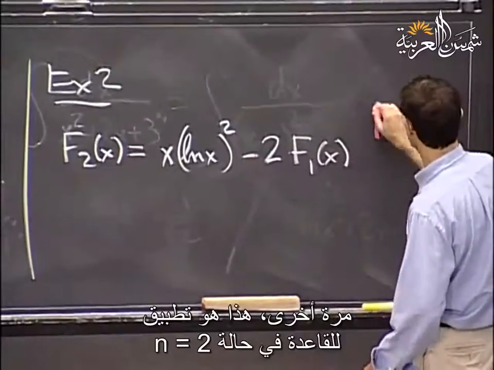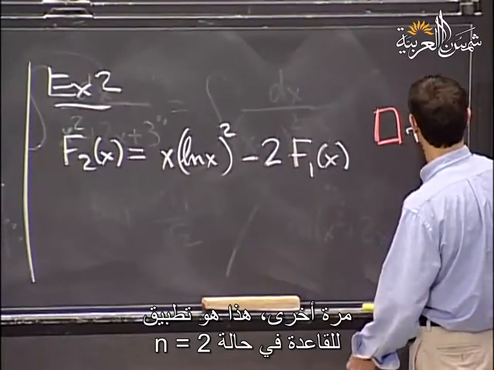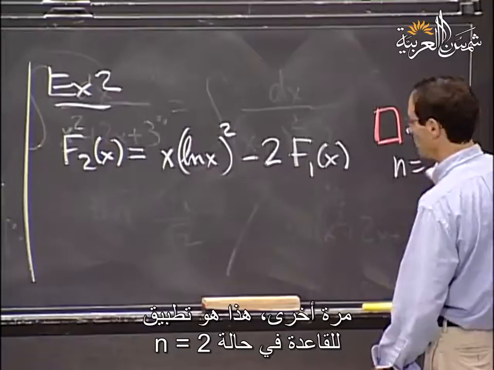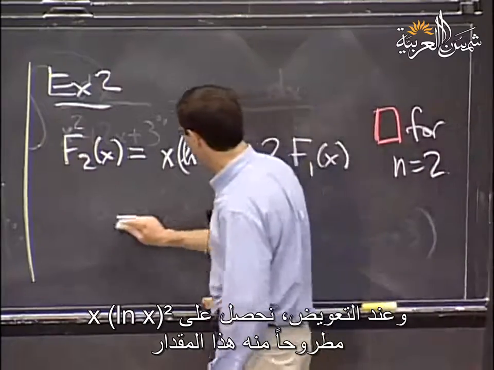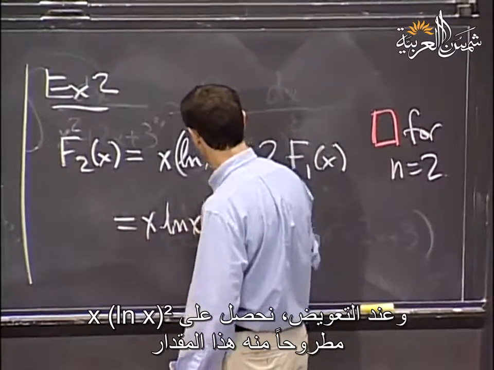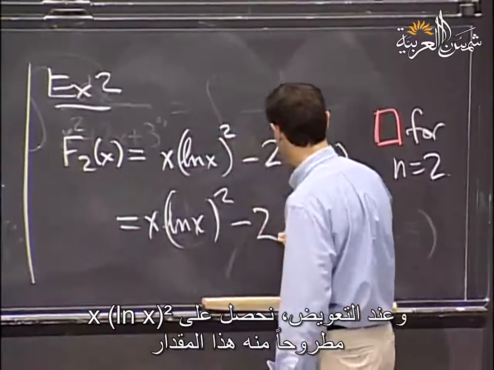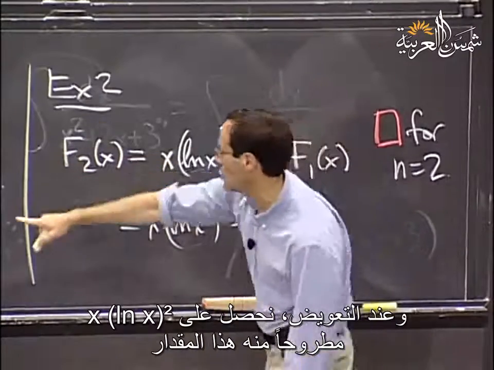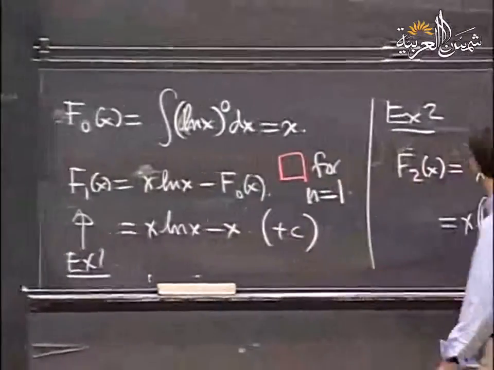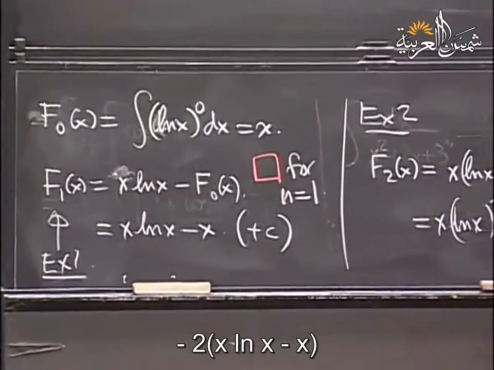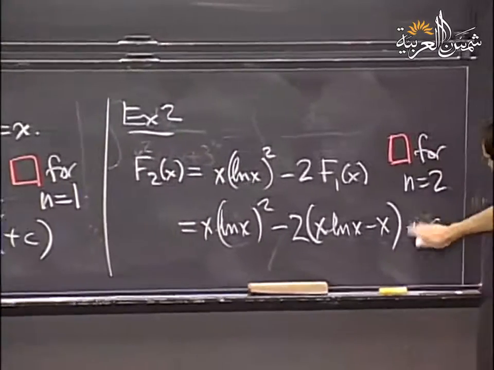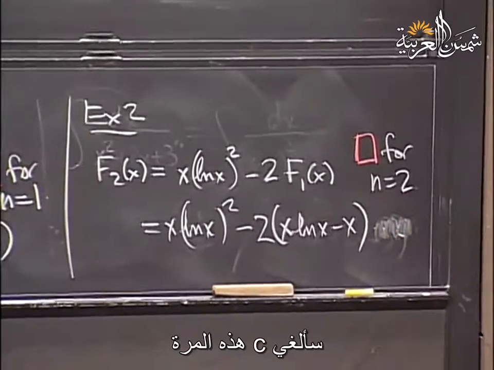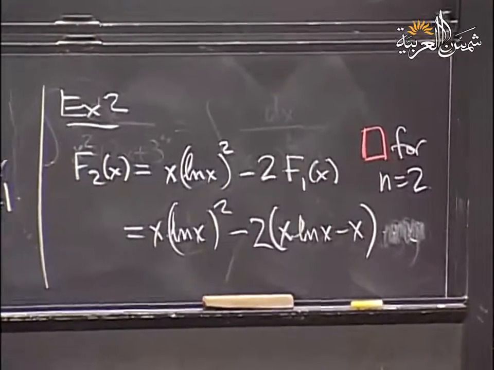Again, this is for n equals 2. And if I plug it in, what I'm getting here is x log x squared minus twice this stuff here, which is right here. X log x minus x, if you like, plus c. So I'll leave the c off. Okay?